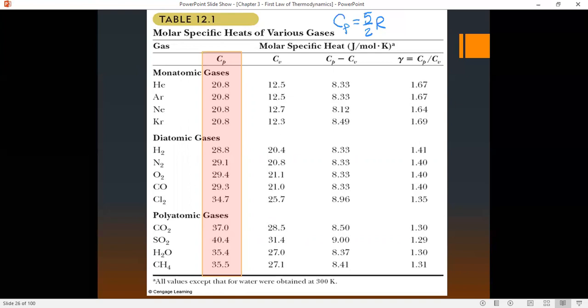Multiply, we'll simplify this. Multiply 5 times 8, and we get 40 divided by 2. Doesn't this match very nicely? So we can see right here that the specific heat for a monatomic gas using the ideal gas law matches very, very well for helium, argon, neon, and krypton.